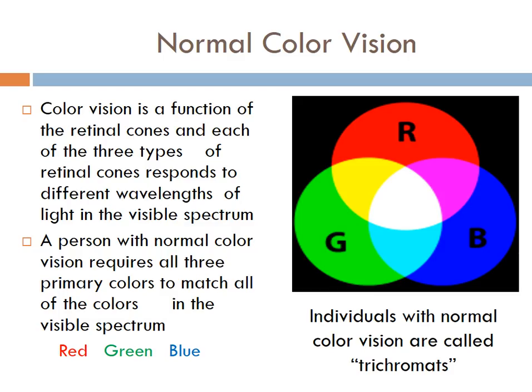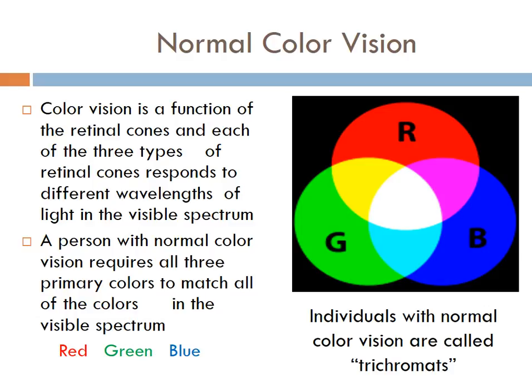And when we're talking about normal color vision, because again, the title of the lecture is Color Vision in Health and Disease, the first thing is you've got to see color vision when it's normal to have some reference point to compare color vision when it's not normal. So remember, color vision is a function of the cones, and the three cones are responsible for different wavelengths of light in the spectrum.